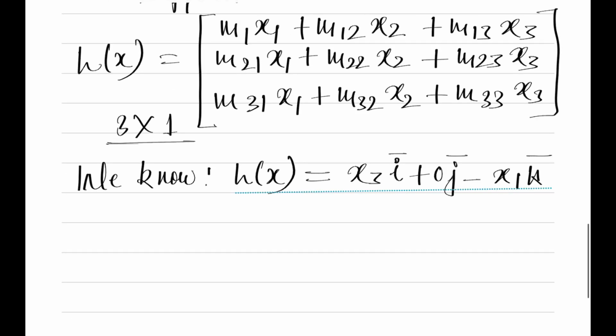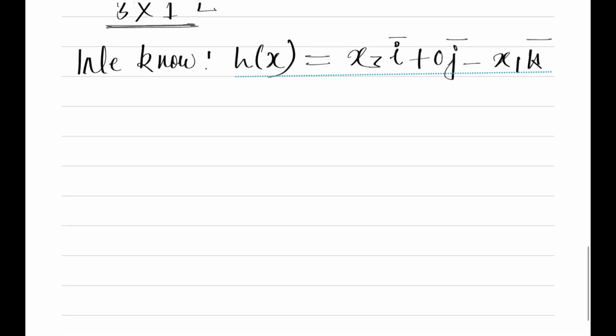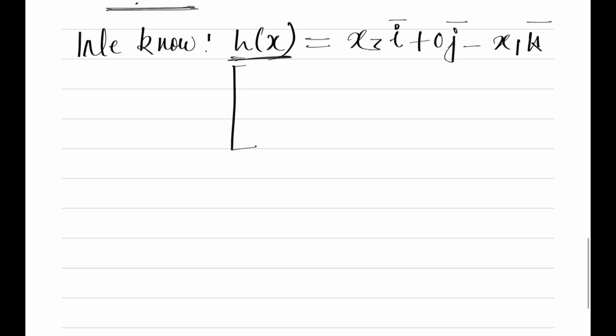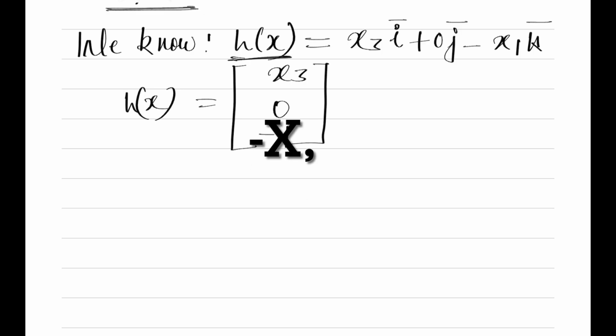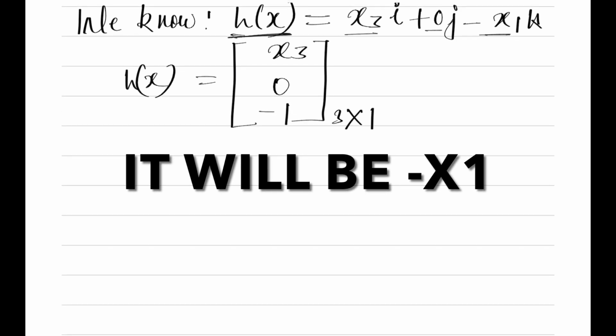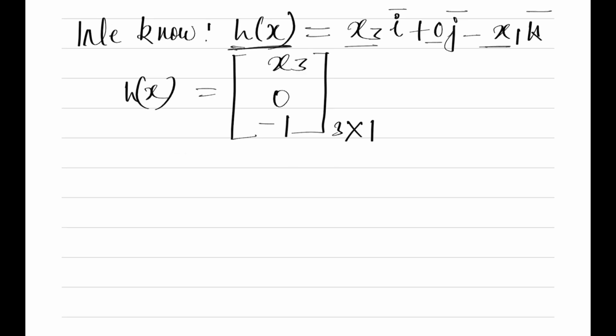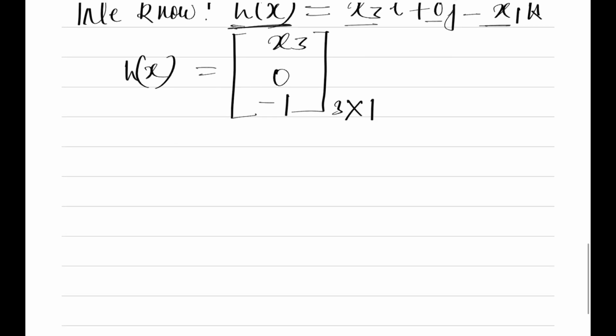Our Lx is a column vector, 3 cross 1, so we will take this Lx as a column vector, which will be Lx equal to x3, 0 and minus x1. This is a 3 cross 1 vector and this is a 3 cross 1 vector. Now both of these can be equated.